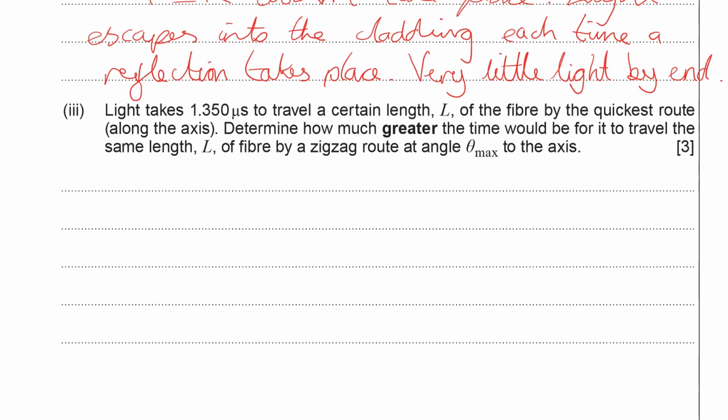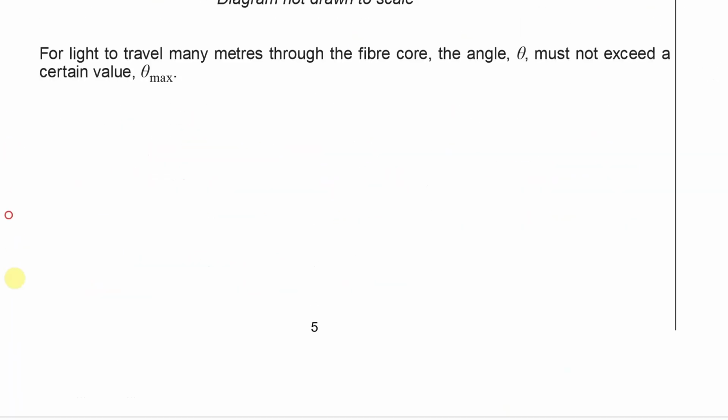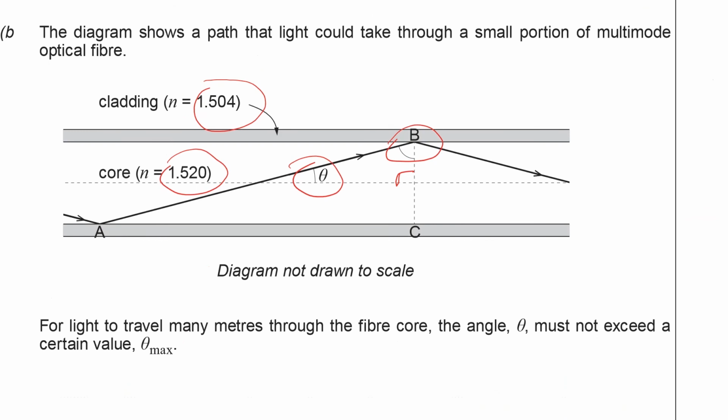The final part of the question tells us that light takes 1.35 microseconds to travel a certain length L of the fibre by the quickest route, which will be along the axis. We've got to determine how much greater the time would be for it to travel the same length of fibre by the zigzag route at an angle theta max to the axis. So if we go back to the diagram, if we call this side AC the straight path and this side AB the zigzag path, we can realise that this angle at the bottom is 8.3 degrees that we calculated earlier.